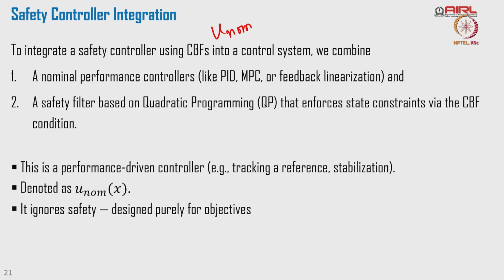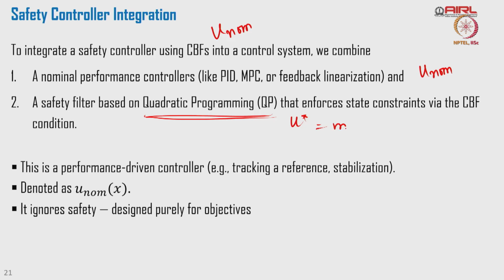That means there can be nominal performance controllers like PID control, model predictive control or feedback linearization, and in addition to that, there will be another safety filter which is coming from the quadratic programming problem. So, when we have a nominal performance controller, we have the U nominal, which is helping the drone maybe track a predefined or desired trajectory, and solving the QP will give you another U. Okay. Or U star. What is U star?